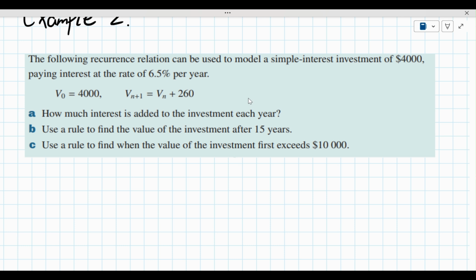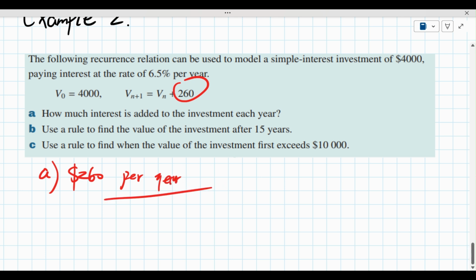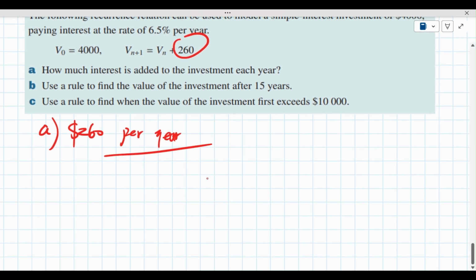First question: how much is invested for each year? Use that number straight away, per year. Question B: use the rule to find the value of the investment after 15 years. We use the rule V(n) equals V0 plus n times d.